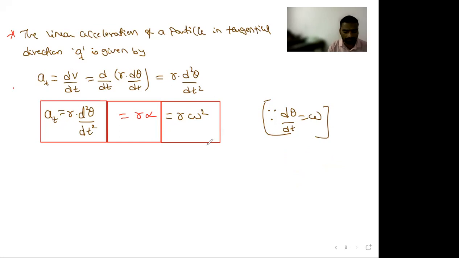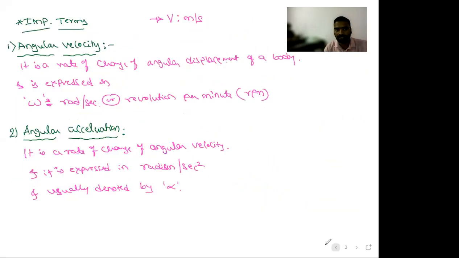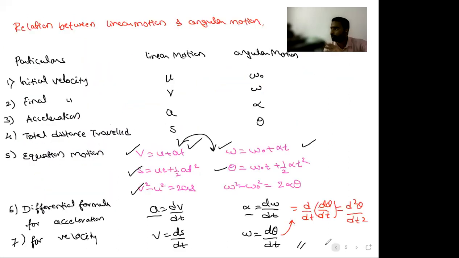Is it completed, everyone? Yes, sir. So now you know the difference between the linear and angular parameters. First of all, you have studied the important terms. Then you have studied how they are denoted.